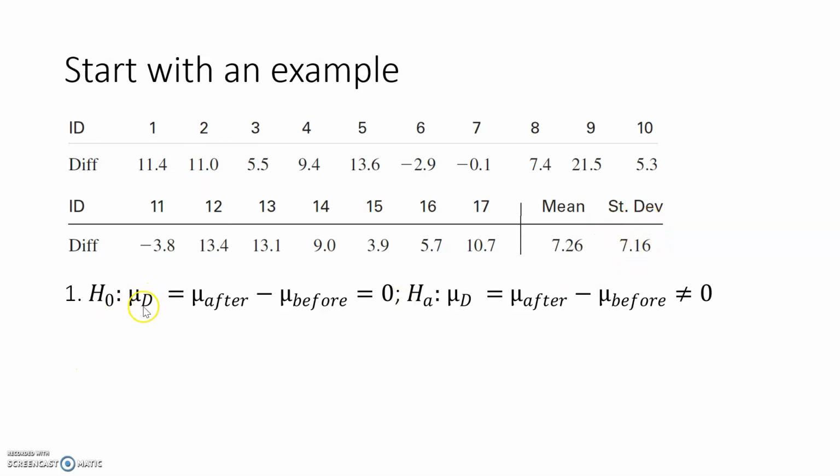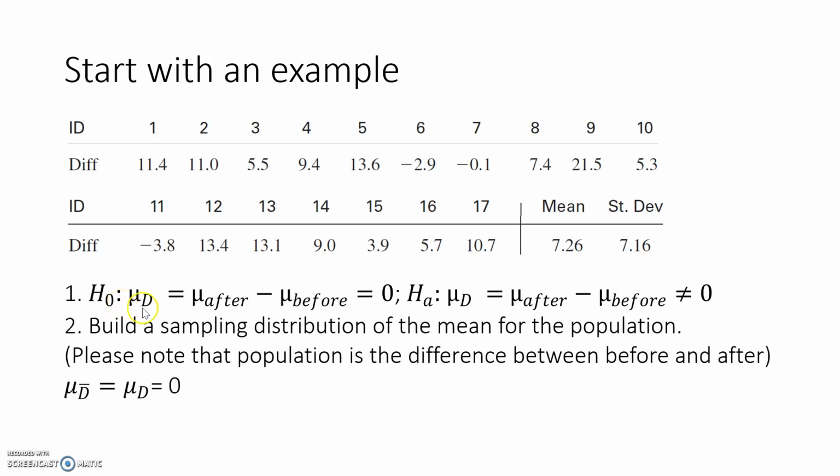I'm going to use D to represent the difference scores. So mu D represents the mean for the difference scores for these 17 people. Okay. First step, set up the null hypothesis and alternative hypothesis. Second, we're so familiar with it. We want to build a sampling distribution of the mean.